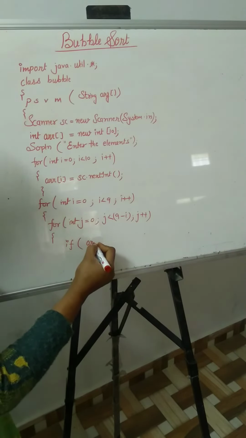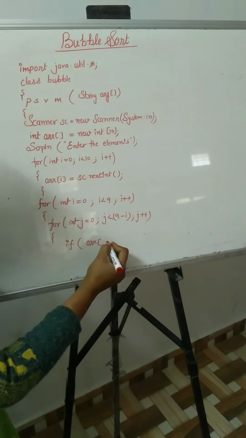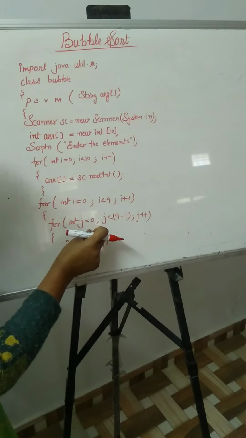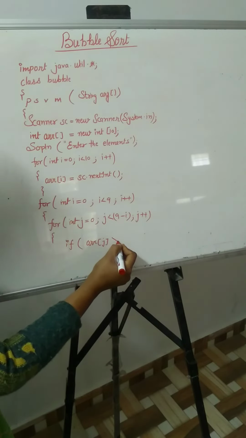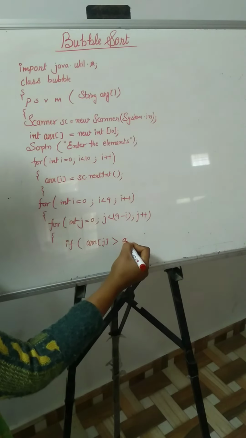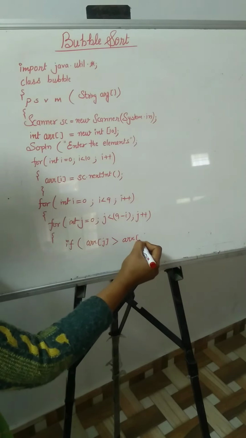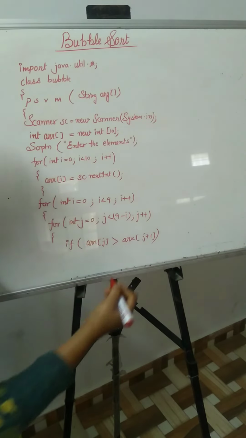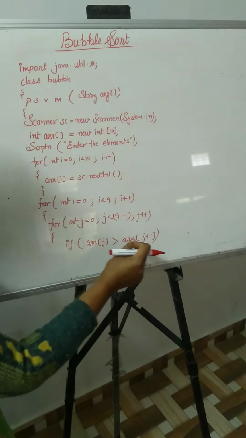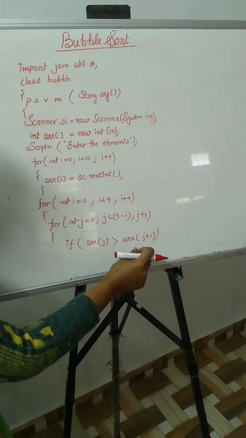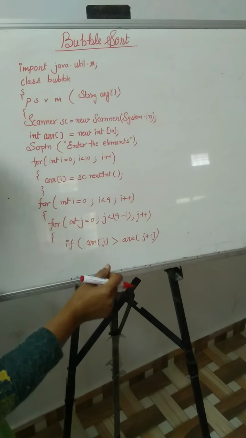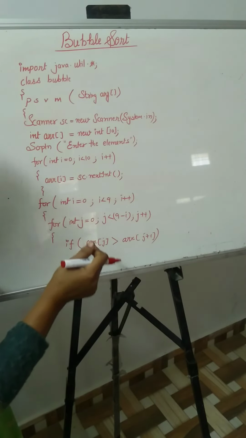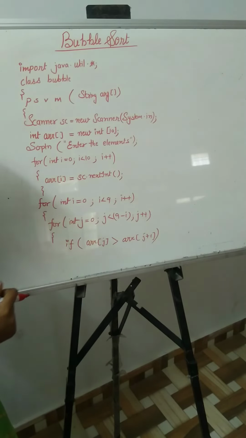If array of j, meaning the 0 index value, is greater than array of j plus 1. The 0 index value is compared with the 1 index value, meaning consecutive numbers.